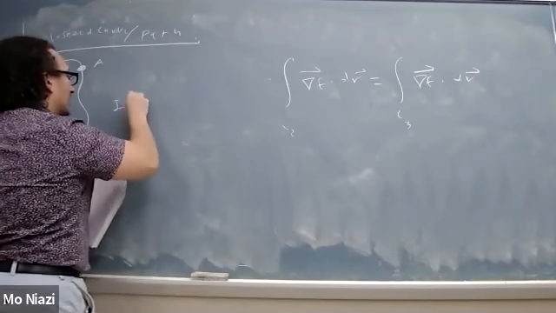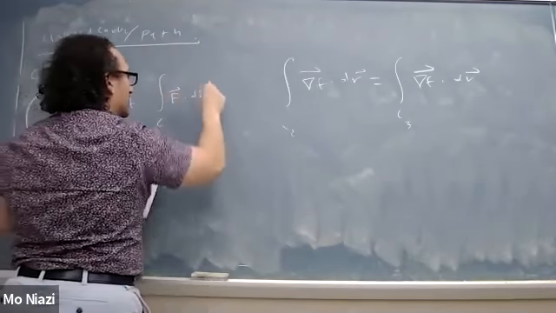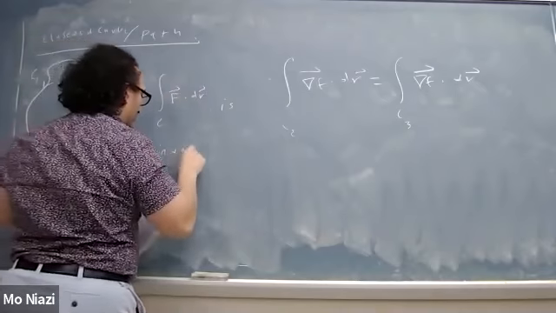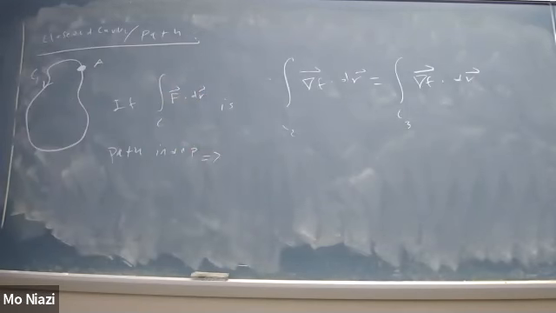So if the line integral's value is path independent, what does that mean? Well, guess what? Being in a conservative vector field gives you the fact that it's path independent.